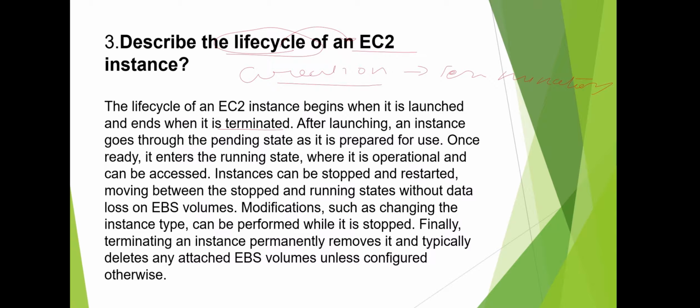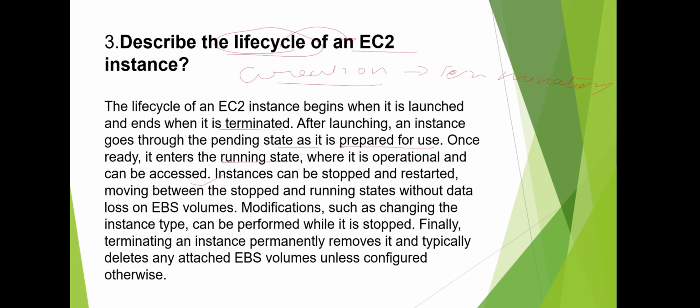After launching, an instance goes through the pending state, as I showed in the lecture, while it is being prepared for use, in the initializing state. Once it is ready, it enters the running state, where it is operational and can be accessed.